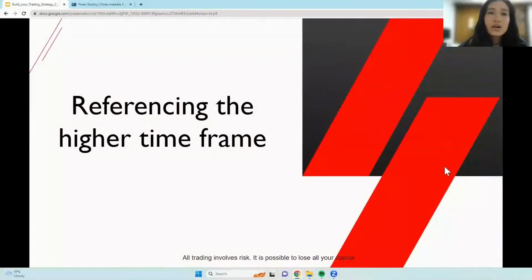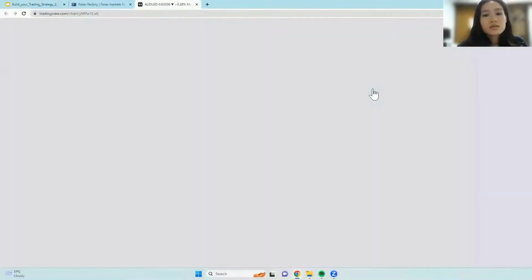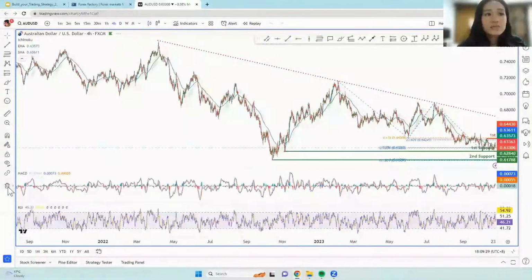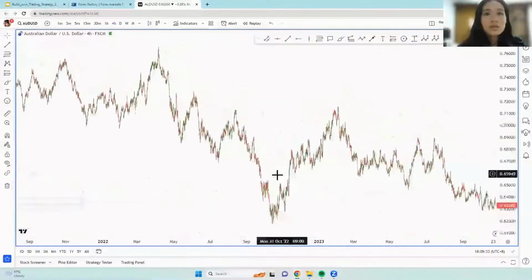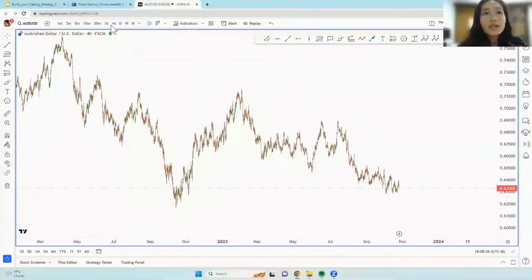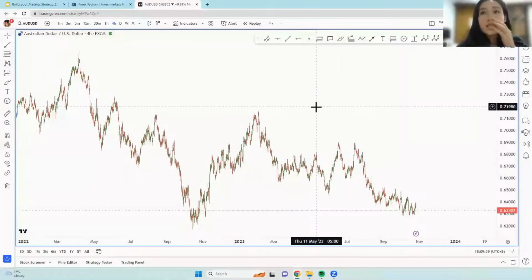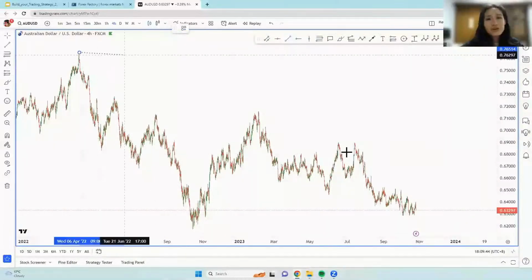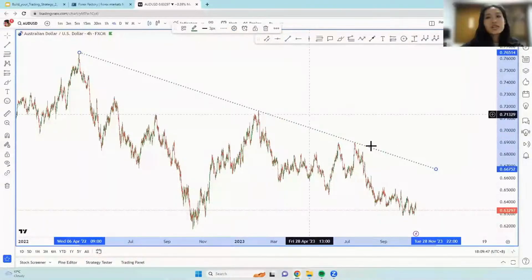So now we are referencing the higher time frame. What we mean by this, let me pull out my charts to show you guys. Let's say I'm looking at the Aussie dollar on the 4-hour time frame. If I want to analyze this on the 4-hour time frame, I will go in with all of my trend lines, the Fibonacci, and so on.